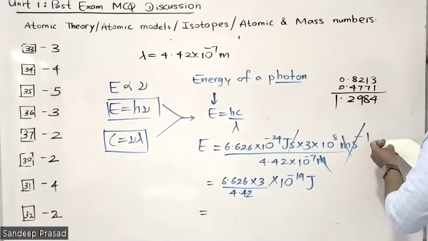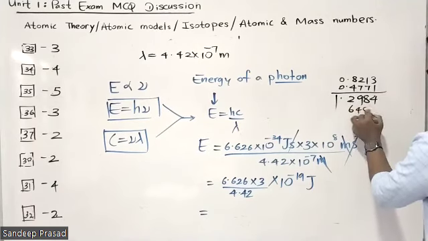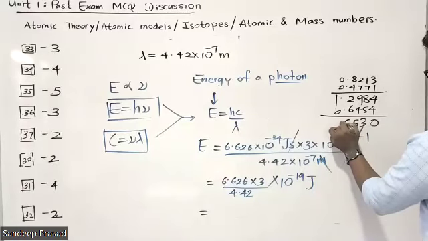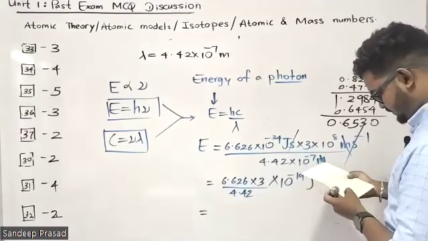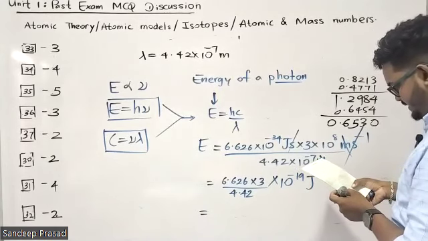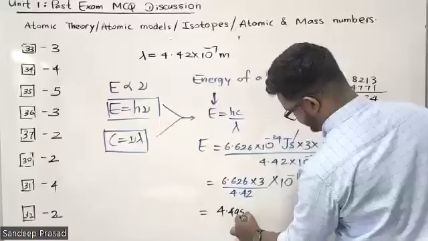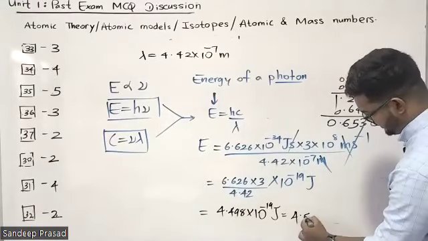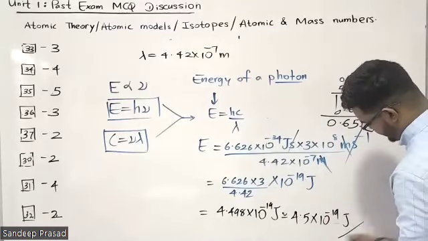And the log value for 4.42 will be 6454, and the difference is 0.6530. 6530 antilog, 4498, 10 to the power minus 19 joules. So approximately we can tell that 4.5 10 to the power minus 19 joules will be the correct answer for this one.